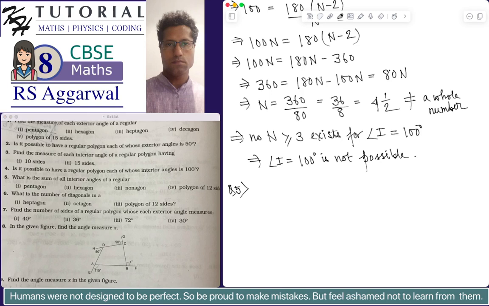What was the formula? I think 180 into (n minus 2), the sum of all interior angles for a regular polygon of n sides.